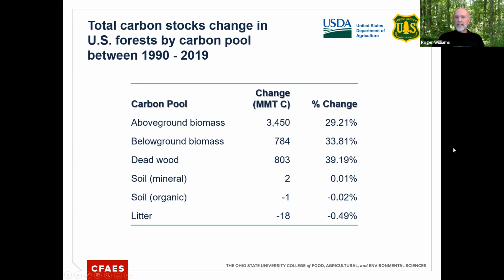And if we look at the soil organic material, it was the soil organic pool and the litter pool that were the only ones that showed any bit of a decrease over that period of time from 1990 to 2019. So they've been relatively stable.